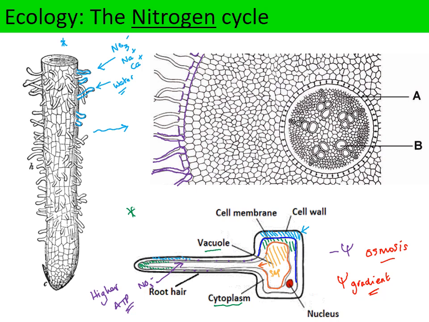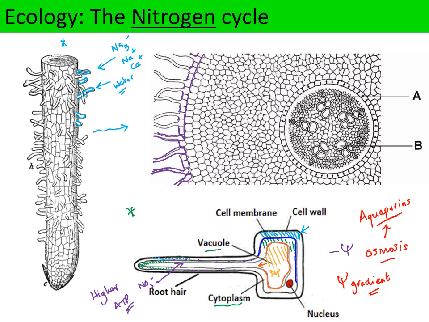And water actually, because it is polar, predominantly goes through channel proteins in the cell membrane of the root hair called aquaporins. Okay. Now, once water enters the root hair cell, that's actually going to make the water potential less negative, because water is going into the protoplast of the root hair cell.